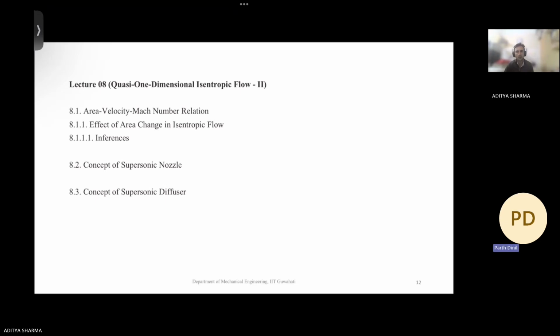Then, sir, from week 3, he solved a question, and I have a doubt in that. The question was to find the mass flow rate, and he gave the unit in kg per minute. Shouldn't it be kg per second?